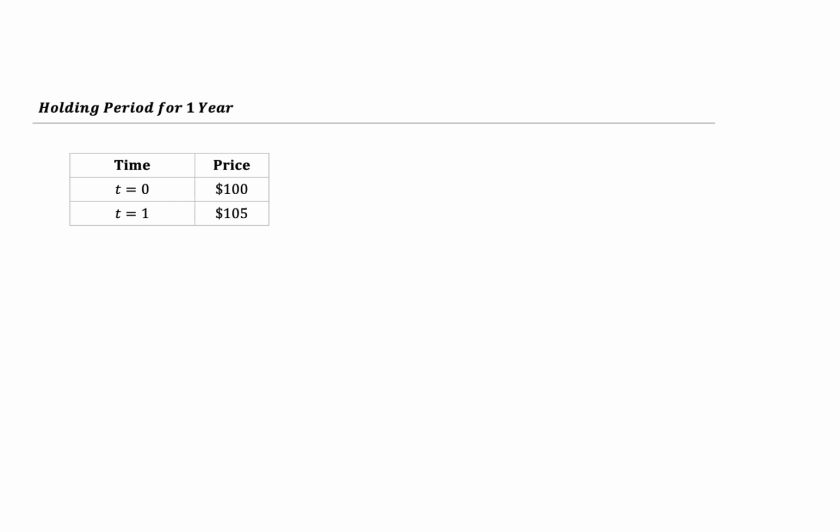$105. So then my holding period rate of return is this formula where P1 is the value at 1 year from now, the point in which I sold the stock. And P0 is time at now, t equals 0, which is when I purchased the stock.